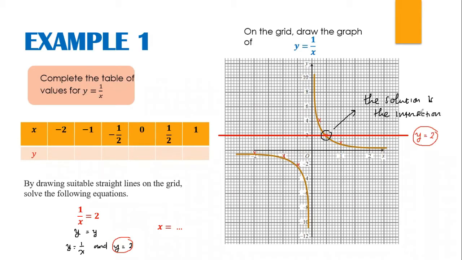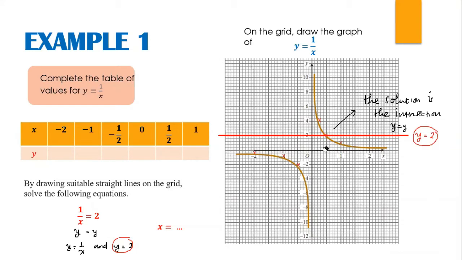Once again, the solution is the intersection of both functions. This is the intersection. The solution is the intersection of both functions, y equals y. Now we have the intersection here, right? So what about the answer? The answer is this one, here. Is it clear to everyone?